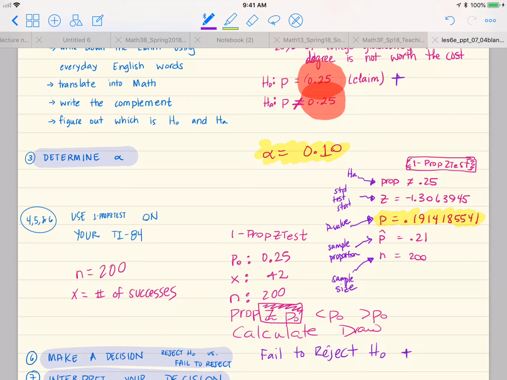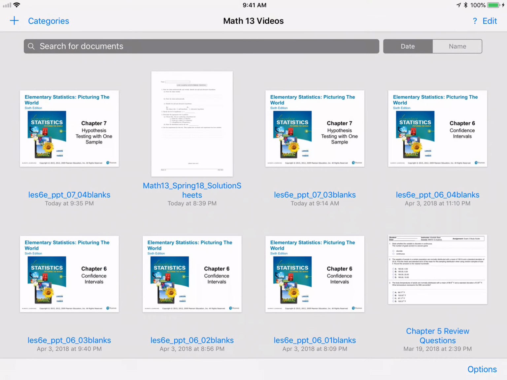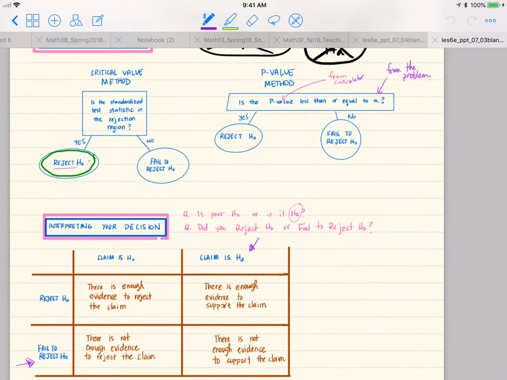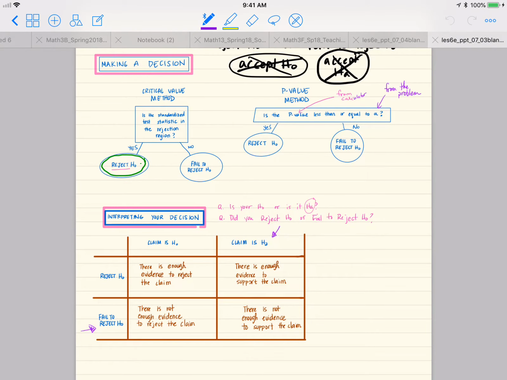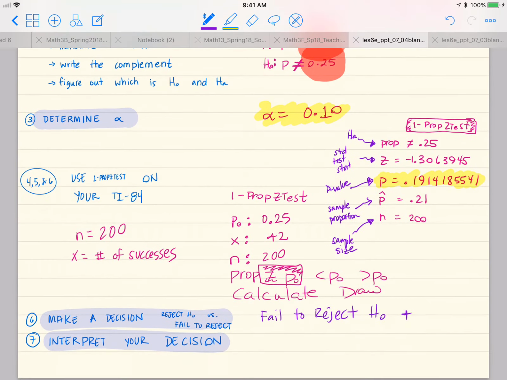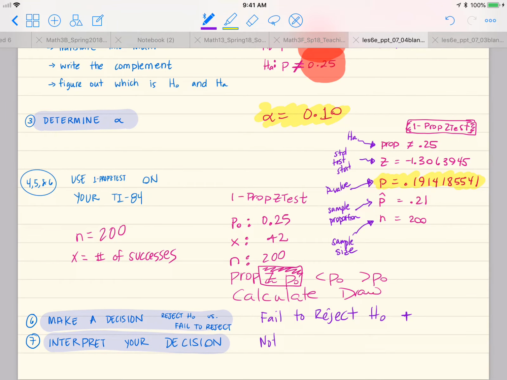If I fail to reject H naught and the claim is H naught, there's not enough evidence to reject the claim. Okay. So back here, my decision is not enough evidence to reject the claim.